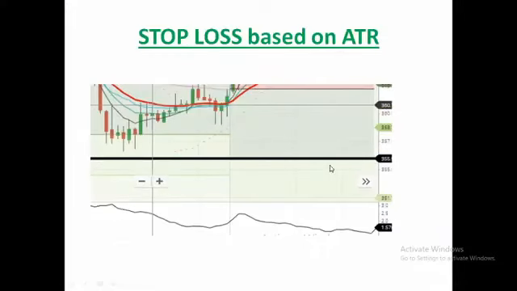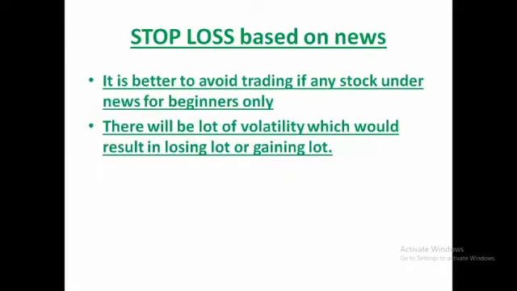Now let us talk about some more scenarios about this stop loss. We should never ever trade news-based stocks because there is going to be high volatility, high risk and high reward. For example, if you place a buy order, it might get placed after reaching the top because of too much demand.